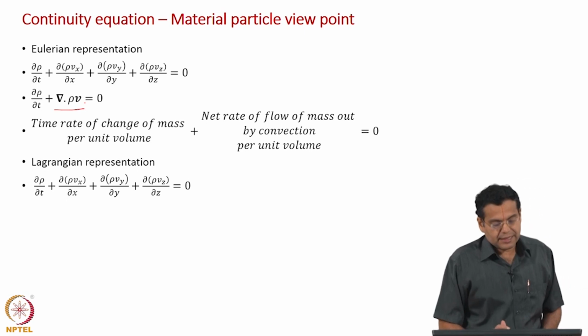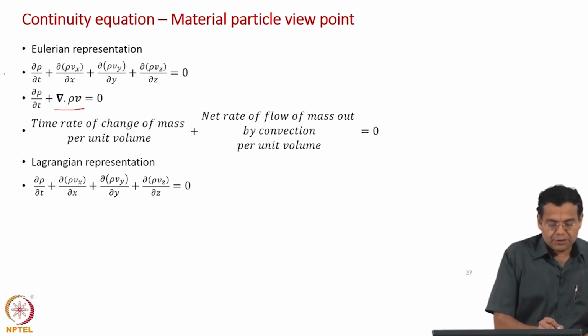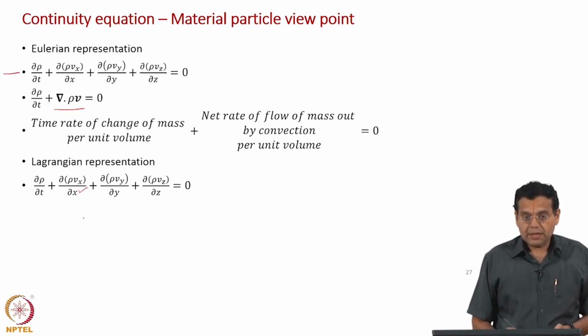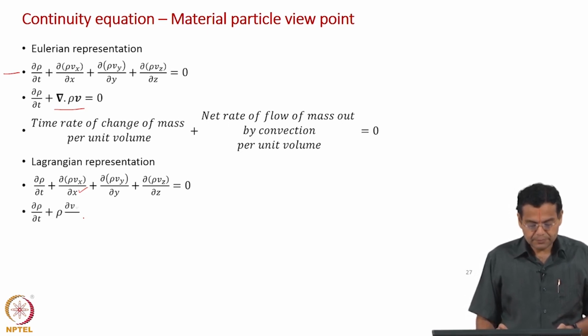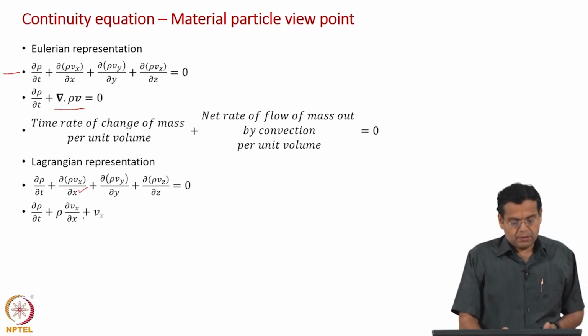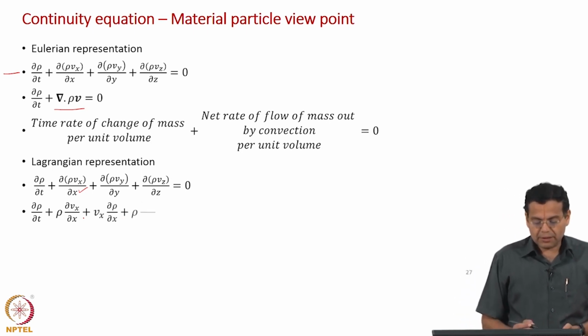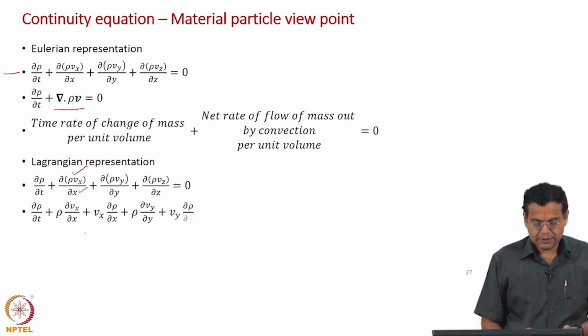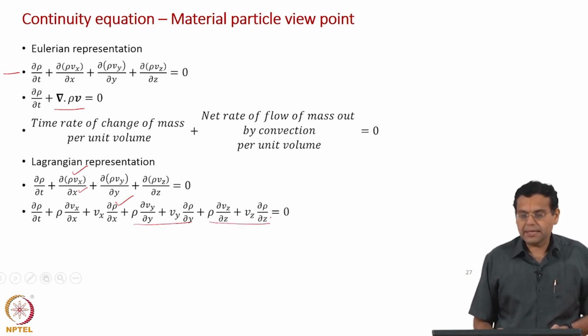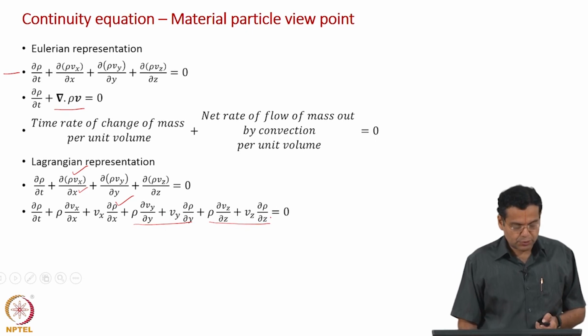So, let us take the equation of continuity and apply a product rule. We expand all the derivatives: rho dou Vx by dou x plus Vx dou rho by dou x, and similarly in the y direction, and similarly in the z direction. So, let us group terms together.